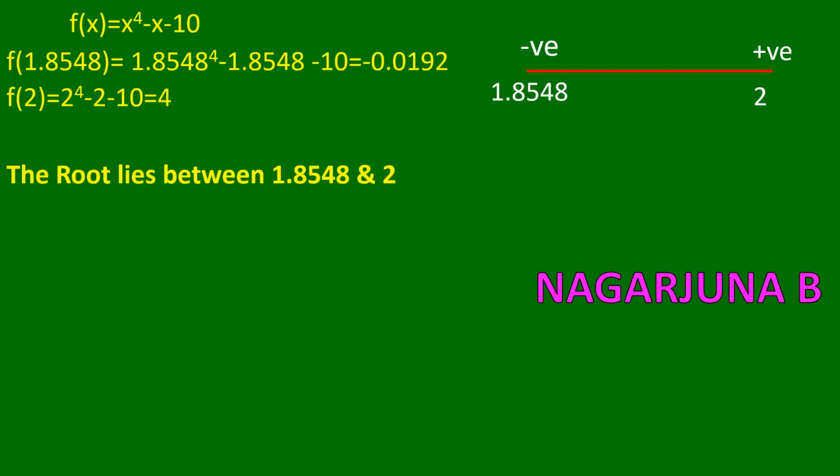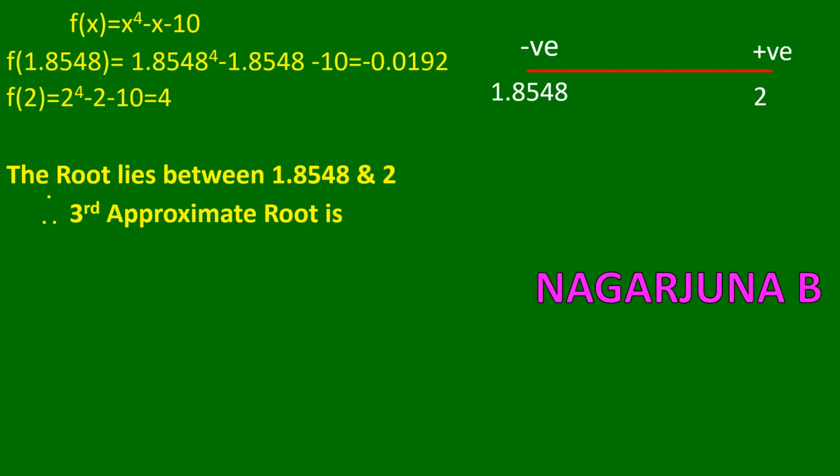So the second approximate root, and the formula you know by secant method, is x is equal to a into f of b minus b into f of a divided by f of b minus f of a. Here a is 1.8548 and b is 2. When we substitute the a and b values in the f of x equation, the one for which you have got a negative value, consider that one as a.